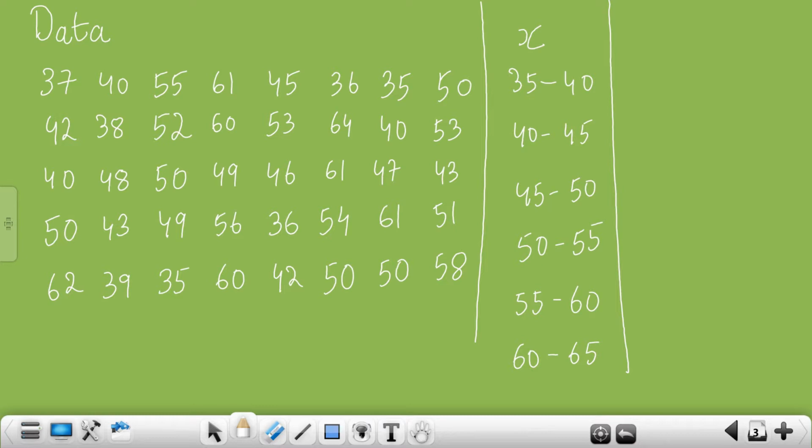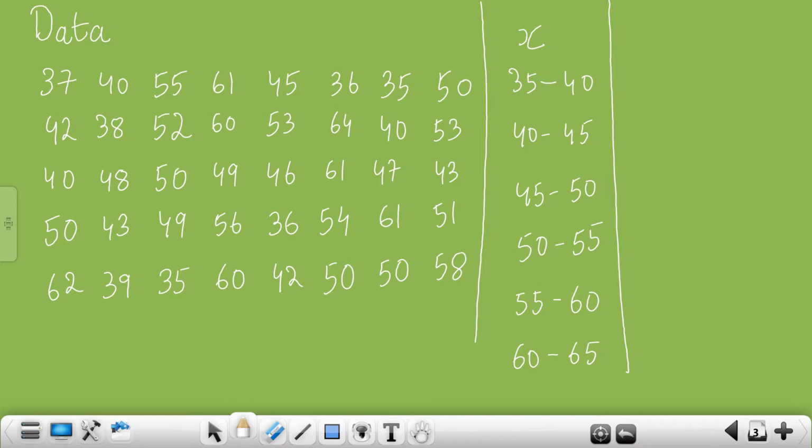So here we have our data, which is from 35 to 40, 40 to 45, 45 to 50, 50 to 55, 55 to 60, and 60 to 65. For each of these classes, the distance is 5, right?